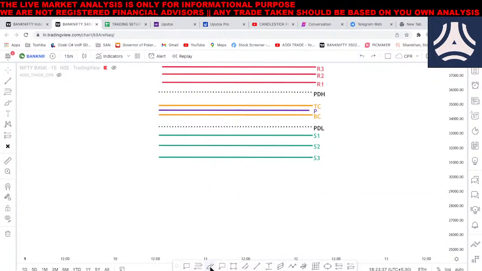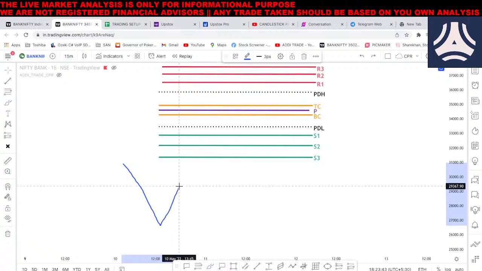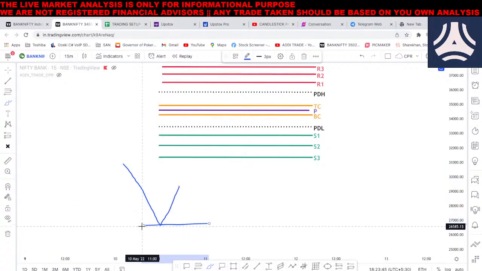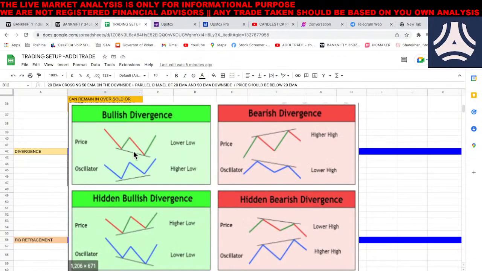And the same thing on the bullish side. When we look for a bullish divergence, the market has fallen, and you're expecting a reversal at some pivot or a support. So this is when we see if there is a bullish divergence, right? What bullish divergence states is, the price is making a lower low, but the oscillator is making a higher high.